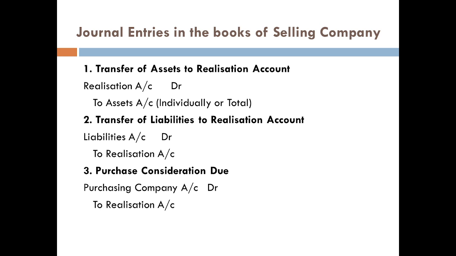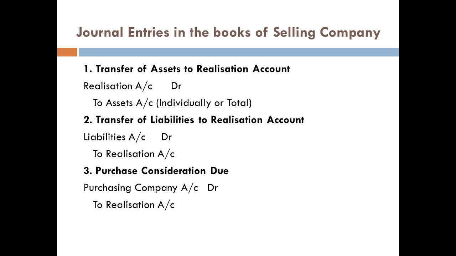In case of dissolution of a firm, we create something called realization account to transfer all the assets into that. Likewise, in case of amalgamation, before selling, the first thing that we do is open a realization account, where the first step is to transfer the assets to that particular account.